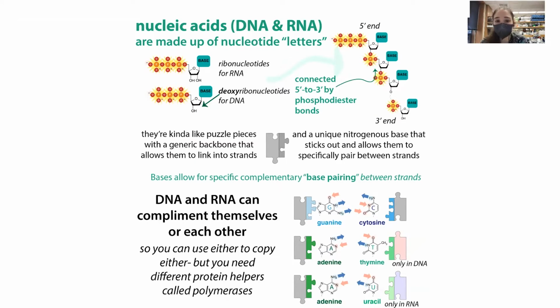Having this OH also makes the RNA less stable. RNA also tends to form more diverse structures. DNA you're pretty much always going to find double-stranded, but RNA is often single-stranded with loopy regions bonding to itself and that sort of thing.